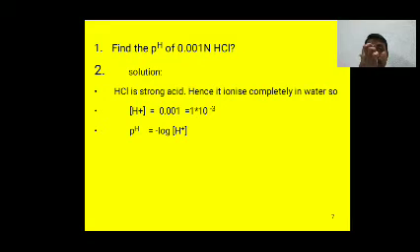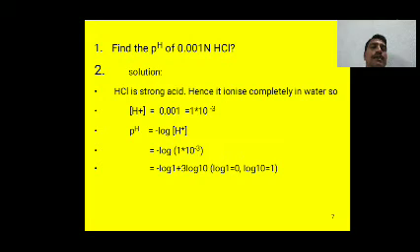That is equal to minus log of 1 into 10 to the power of minus 3. Using the formula log m into n equals log m plus log n, this is minus of log 1 plus log 10 to the power of minus 3.